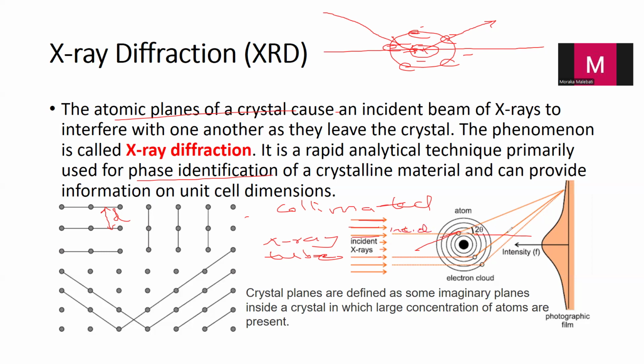The angle between the incident and the diffracted beam is what we call 2 theta, and this one is what we call theta, the Bragg's angle.